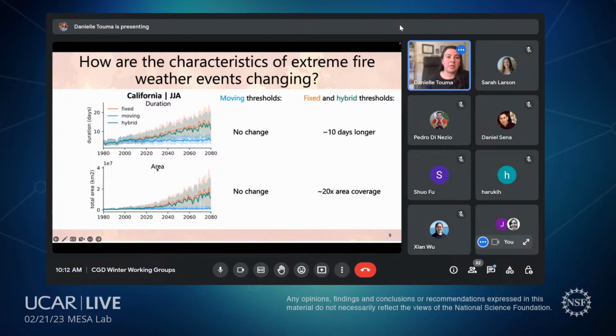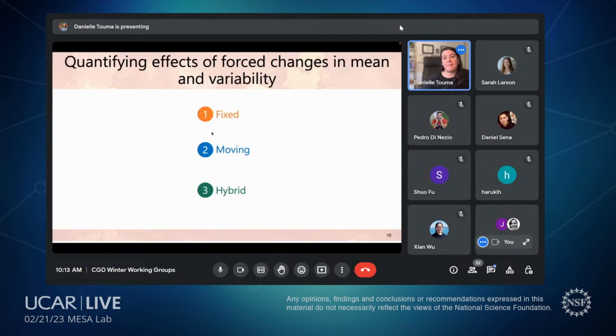And I also forgot to mention that the spread here, so the median across ensembles is shown in the thick lines, and the 25th to 75th quantiles of the ensemble are shown in the shading.